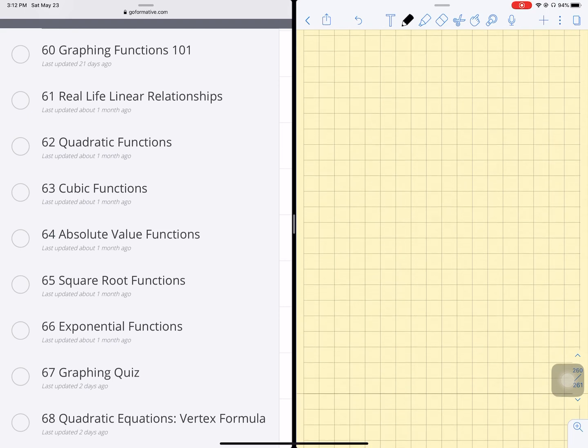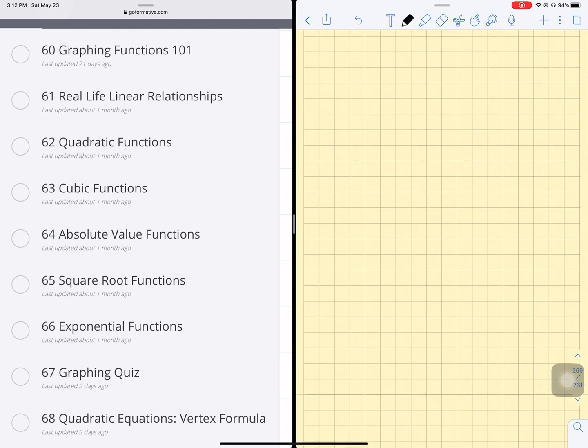Absolute value functions. By the way, a little quick lesson on absolute value. This is one of those things that sometimes we forget. We're like, what's absolute value again? The absolute value is the distance a number is from 0. So if this is 3, the absolute value of 3 is 3 because it's 1, 2, 3 spaces away.